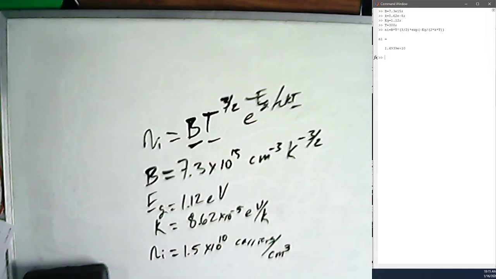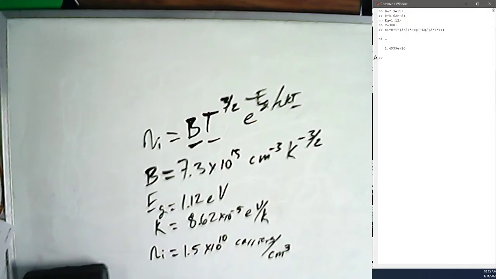Okay? What does that mean? That means at room temperature in a cubic centimeter, there's 1.5 times 10 to the 10th electrons floating around in there. And maybe they're getting bonded or not as it goes through. But the fact of the matter is that they're in there. Okay? And the problem that we have with this is we have no real idea of how many atoms there are in a cubic centimeter.